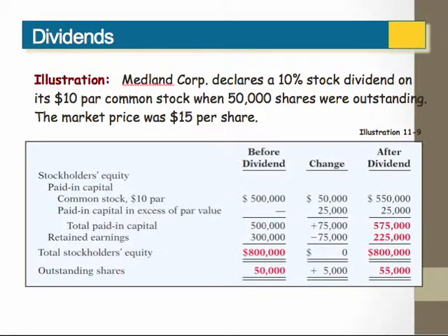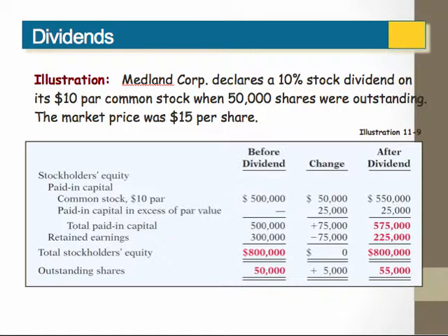So here's an example. Medline Corp declares a 10% stock dividend on its $10 par common stock when there are 50,000 shares outstanding. The market price was $15 per share.